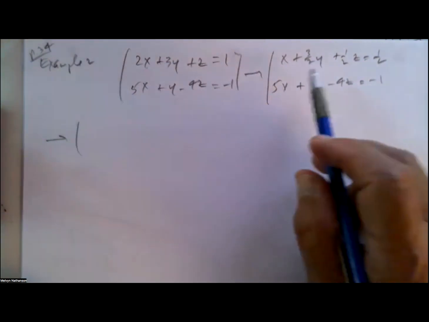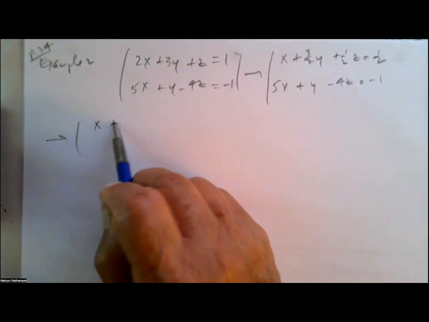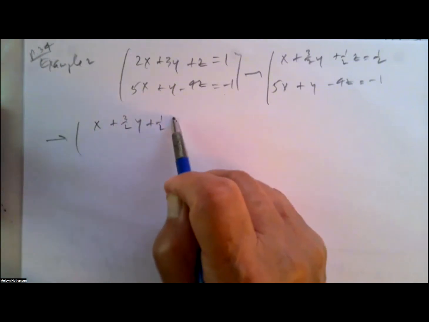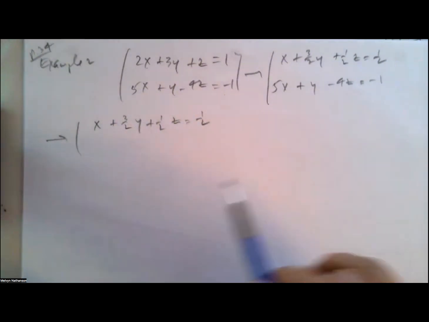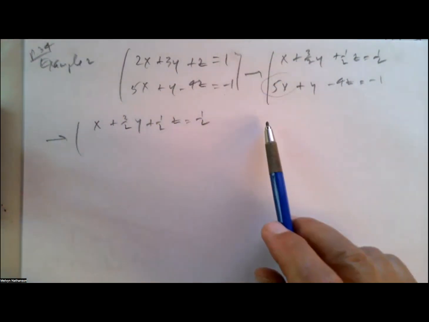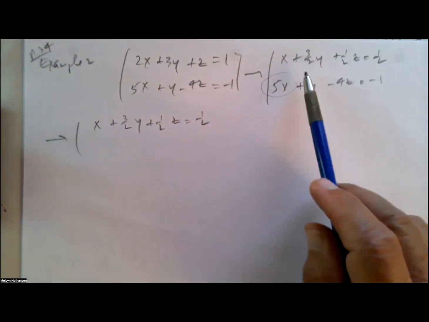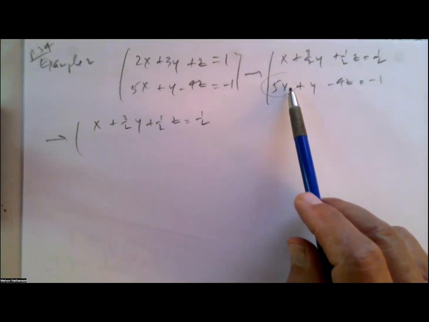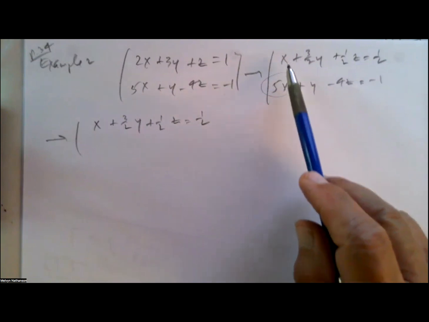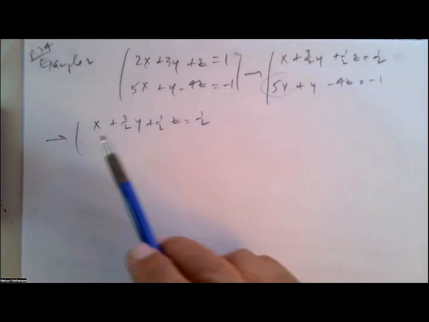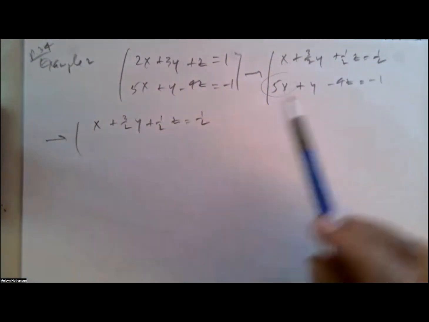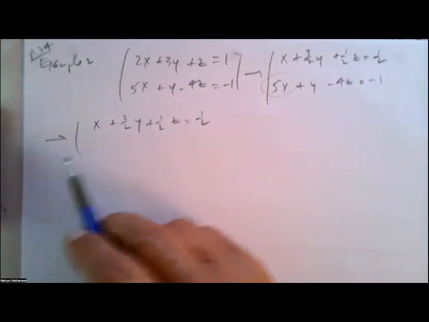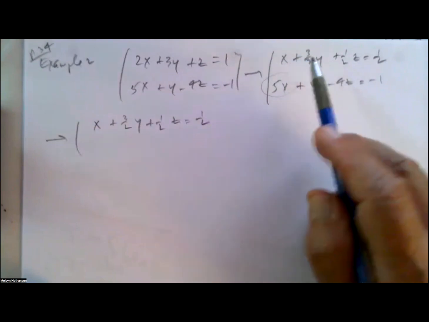All right, so now I have my first equation, x plus 3/2 y plus 1/2 z equals 1/2. And I want to eliminate x from the second equation. So I can subtract 5 times the first equation from the second. If I subtract 5 times x from 5x, I get 0 times x. Here I get y minus 5 times 3/2 y.